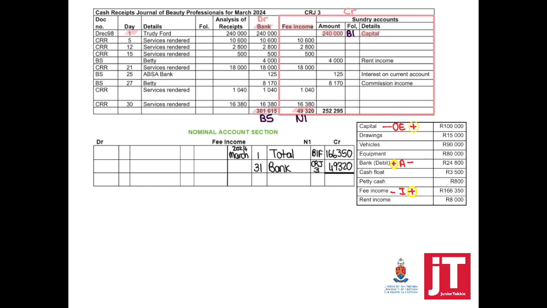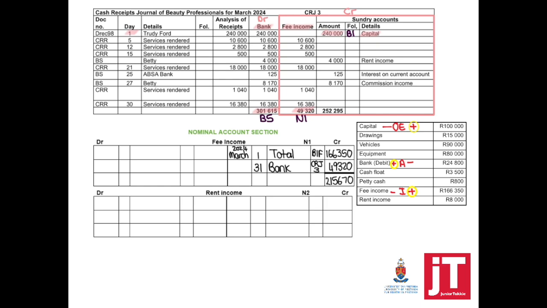There's no other figures to be taken to the fee income, which means at the end of the month, we can total this by drawing a line and adding those two figures together. This is my new total in the new month. Rent income is regarded as an income, so my total brought forward will appear on the credit side on the first day of the month.